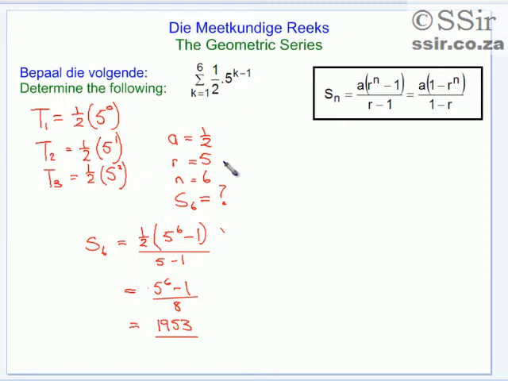From these terms, we could determine the constant ratio and the first term, but if you look at this formula, you can see that it is actually in the form a times r to the power of n minus 1, which is the general formula for a geometric term. And from this term, we would be able to deduce the value for a as well as the constant ratio without having to write it out.